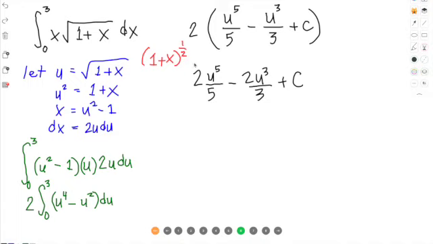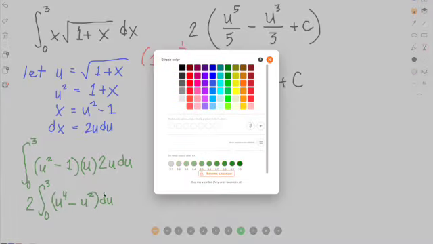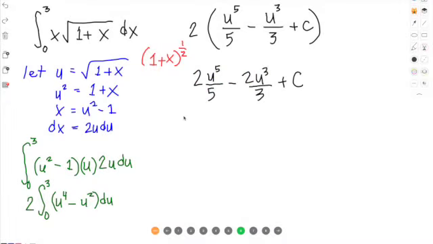Okay, so we plug it into this u, so we get 2/5 of 1 plus x to the 5/2 minus 2/3 of 1 plus x to the 3/2 plus c.